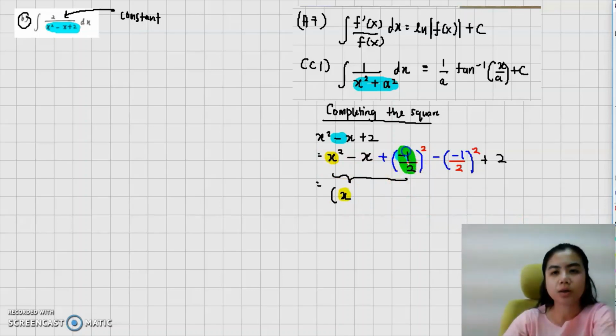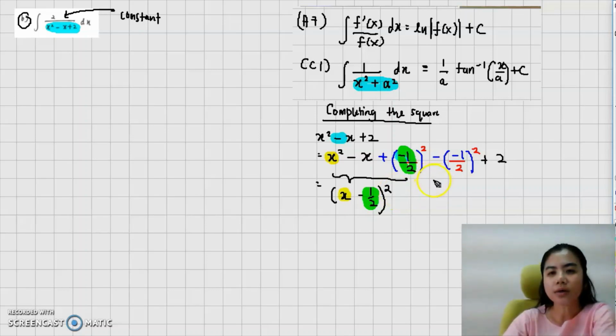So you have minus 1 over 2, just right here. And write it in terms of a square bracket, and this means that this actually represents whatever is at the top. So from 3 items you can simplify it to 2 items, but it is in terms of a square.